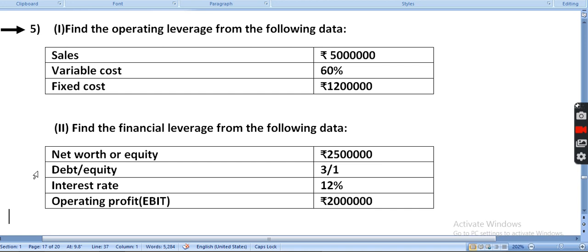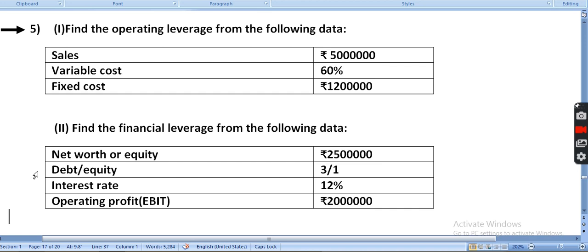Net worth equity proportion is given and debt and equity ratio is given. For example, equity is 25 lakh, and debt and equity ratio is 3:1. If equity is 25 lakh rupees, then debt would be 75 lakh. Then interest rate is given, that is 12%, and EBIT is given, 20 lakh rupees. For financial leverage we require two pieces of information. The formula of financial leverage is EBIT divided by EBT.